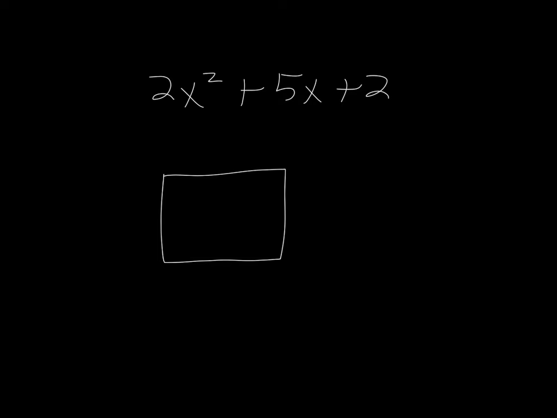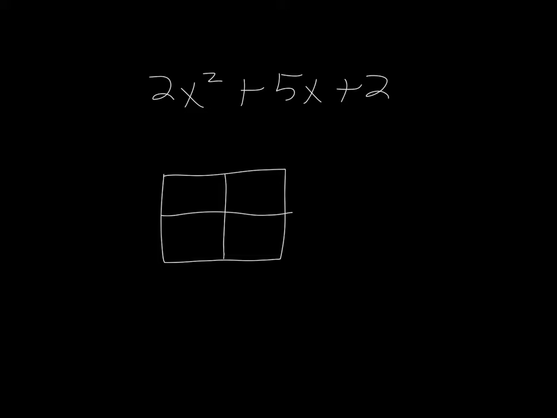So I'm going to start with a new screen here, and I'm going to give an example. I'm going to do 2x squared plus 5x plus 2. And I'm going to make my box down here. I can tell already two boxes that are going to be filled.